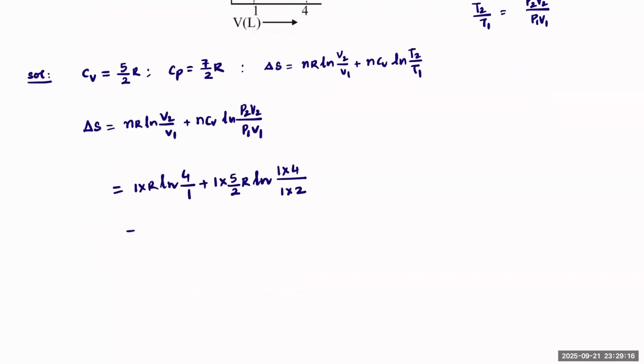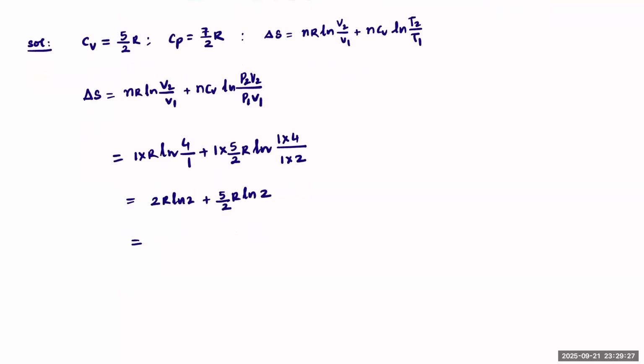Okay, so that makes it 2R ln 2 plus 5 by 2 R ln 2. So R ln 2 comes common. So therefore this is 4 plus 5, 9 by 2. So 9 by 2 R ln 2. This is what you should get.